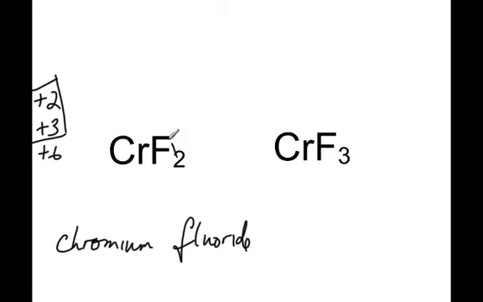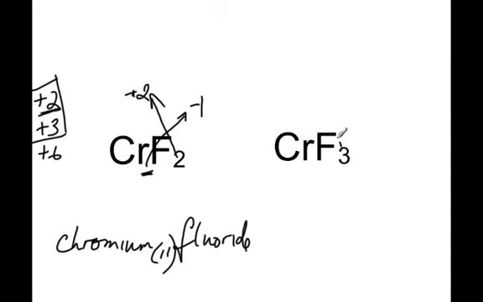If I was to undo this crossover, that would bring my 2 up here, implying that my charge on chromium was +2. Same said, this subscript, which is an implied 1, carried back up, would mean that fluorine is a -1. I can verify that by looking at my periodic table, and sure enough, fluorine is a halogen, and it would be a charge of -1. So here I have chromium 2 fluoride.